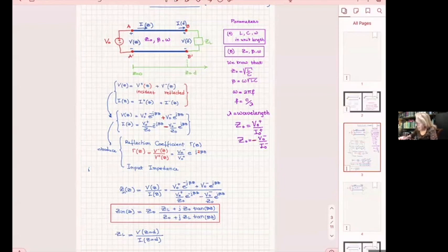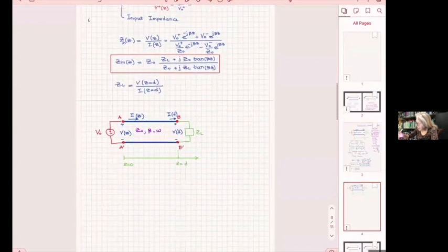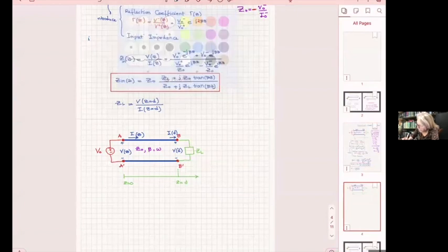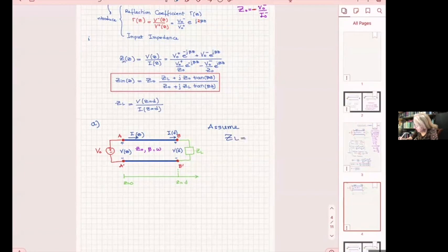Oh yeah. All right, so now let's assume number one, example A here. So we wrote just the formulas before. Assume that ZL equals 0. What is that? That's a short.